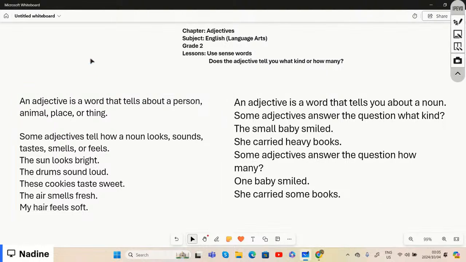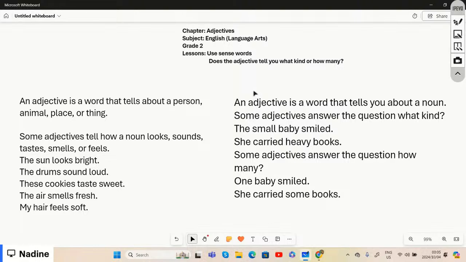And the lessons that we are focusing on under the chapter of adjectives are to use sense words, and does the adjective tell you what kind or how many?